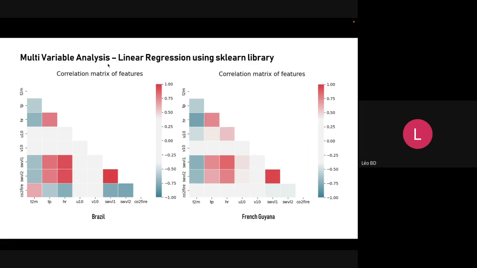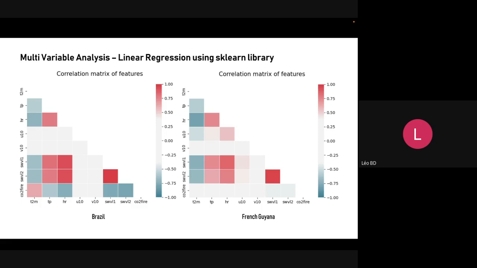We do a multivariable analysis of all the parameters, including fire emissions, and to do this, we use tools of linear regression, and we use the library called sklearn. It's a really powerful library to both do machine learning and also do multivariable analysis and deal with a lot of data. So I recommend learning about it because it's really good.